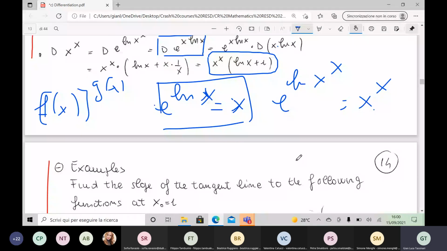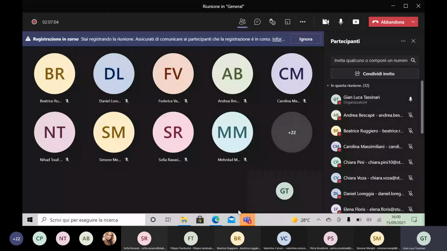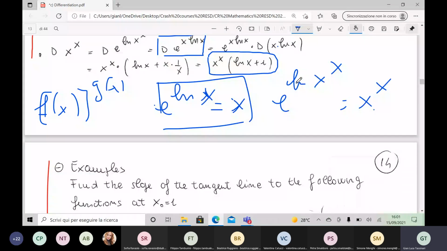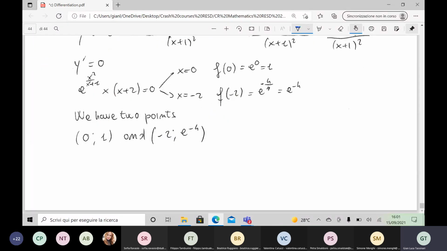Let me see, someone is writing something. Maybe someone is asking to get inside the room. Okay, in a moment I'll be back to answer because we need time. So let me cancel here. No, I need a lot of space. Page 13, let me see if I have an empty space. Maybe here I have more space. Now let me see if I can accept her.